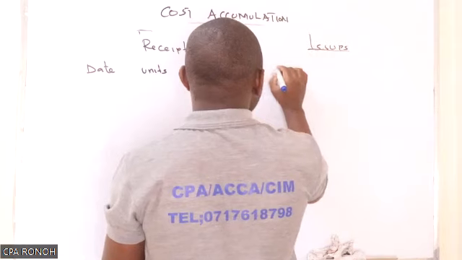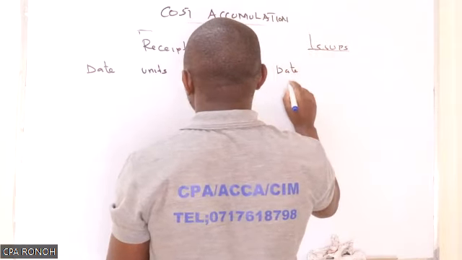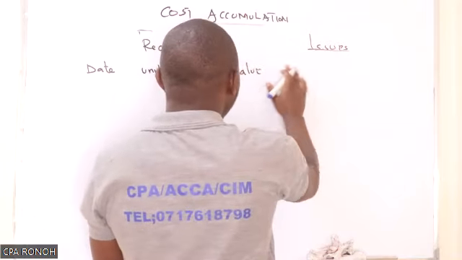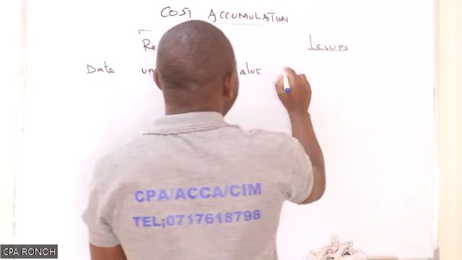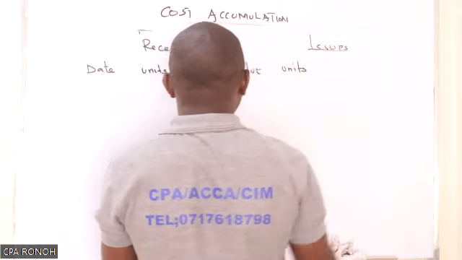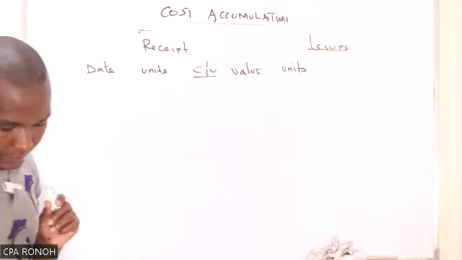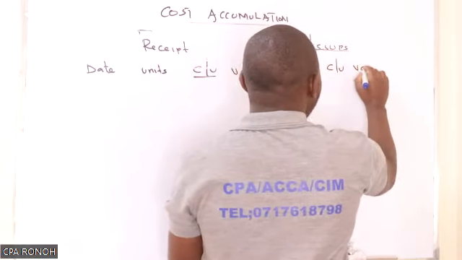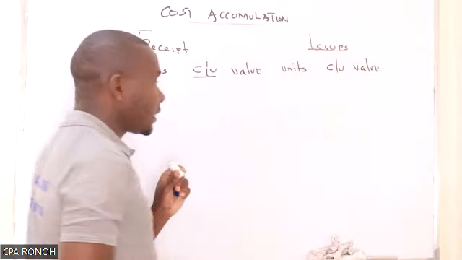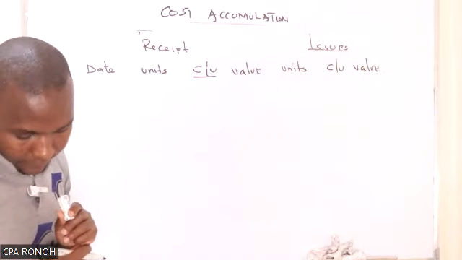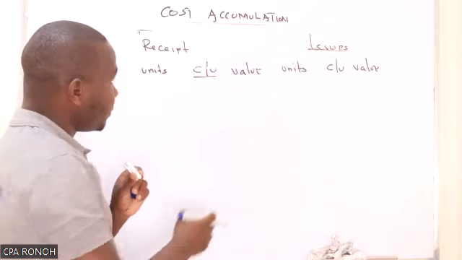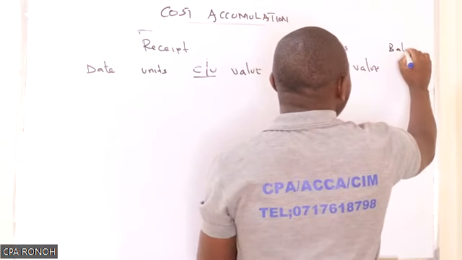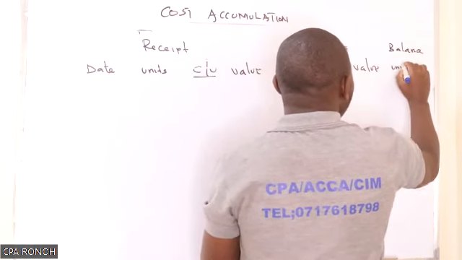Issue. So also you will have date, units, cost per unit, and value. Then we will have the balance, which will have units and value.